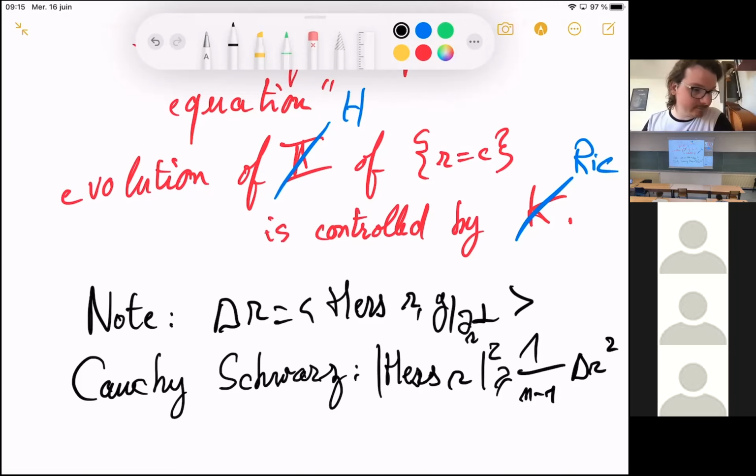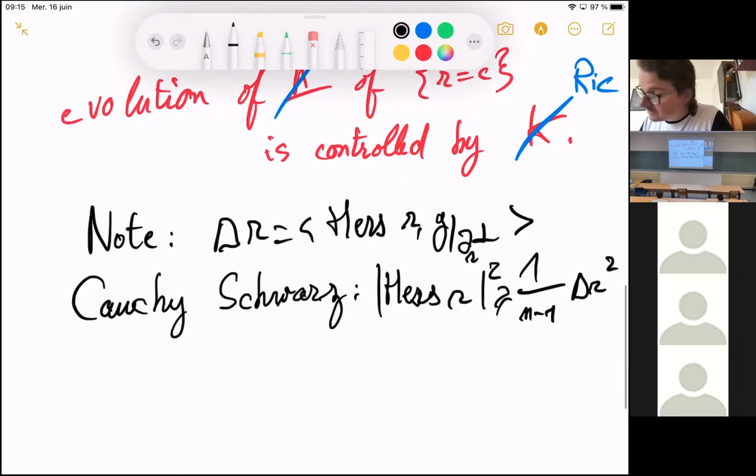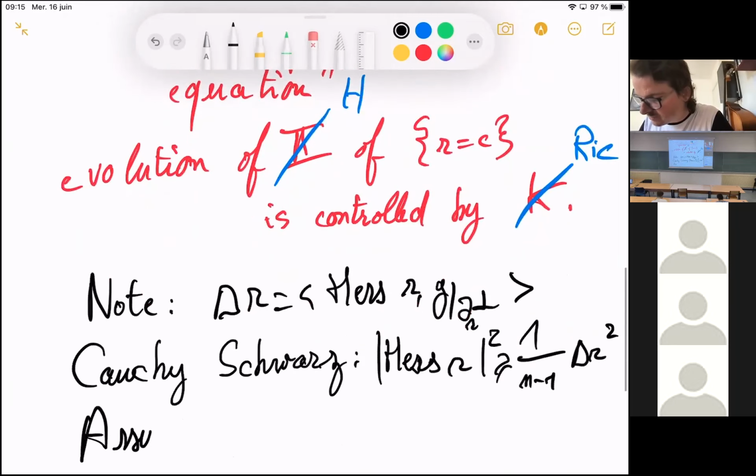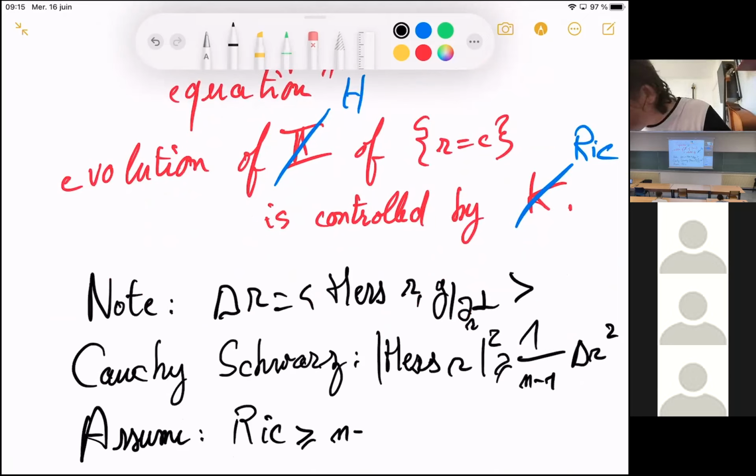And now, if we assume that we have a lower bound on the Ricci curvature, for instance Ricci is greater than n minus 1 times k, which is the usual normalization. If you want to compare to the sphere, you would take k equal 1, and to compare to hyperbolic space, you would take k equal minus 1.